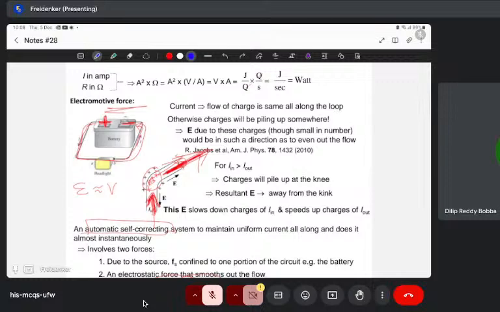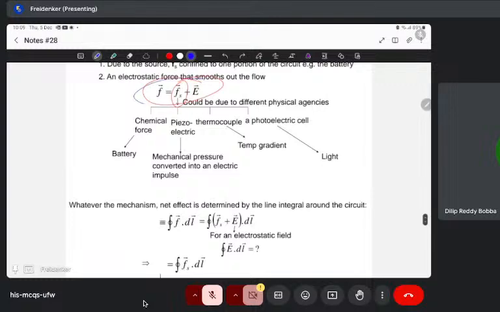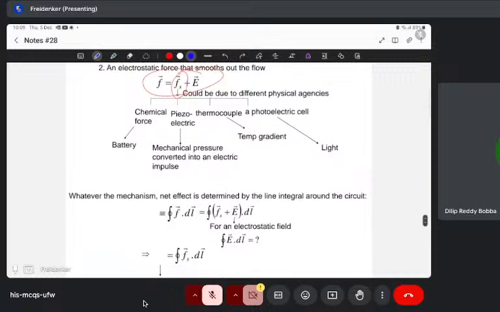So electric field is the force per unit charge that acts on the charge carriers whenever there is a potential difference. So they're just trying to write down the net electric field or net force per unit charge. They're saying this is due to, I don't know, it could be due to the battery or whatever.